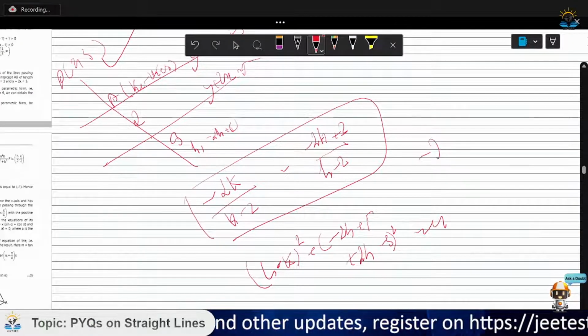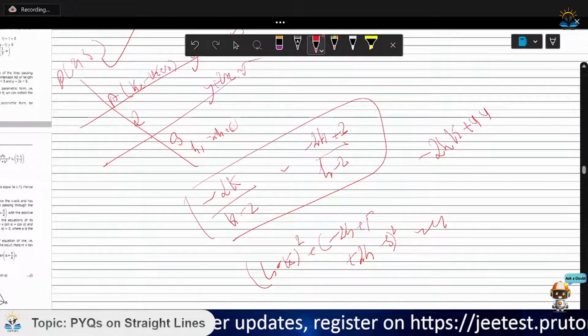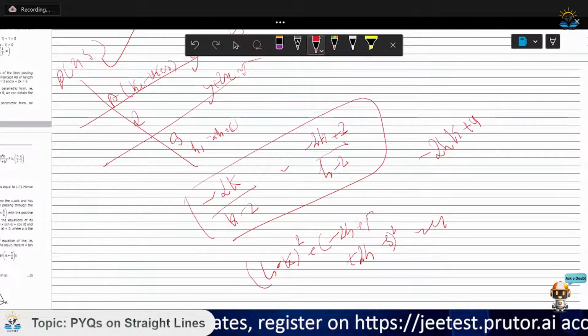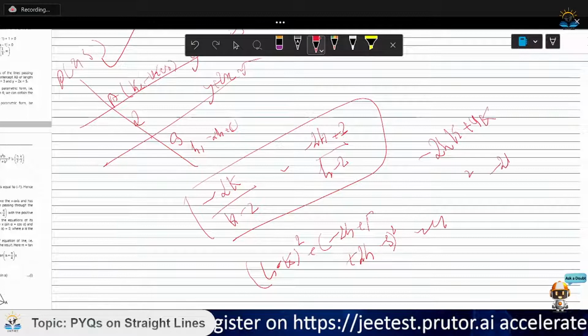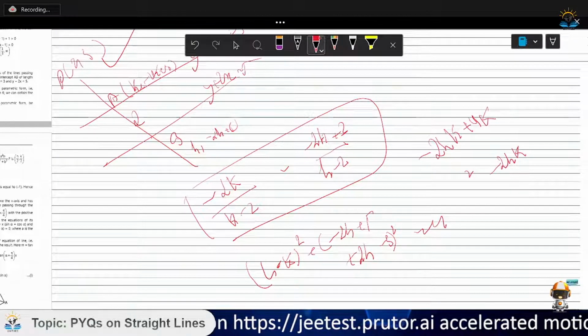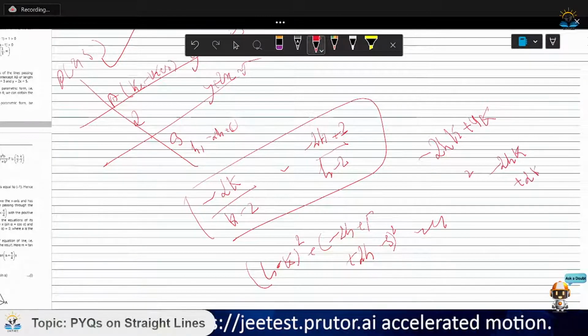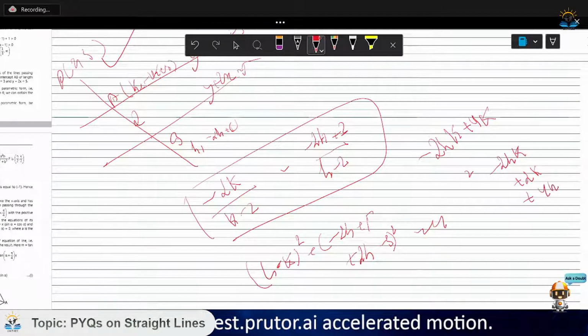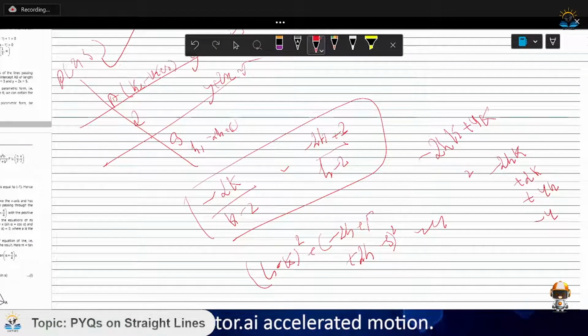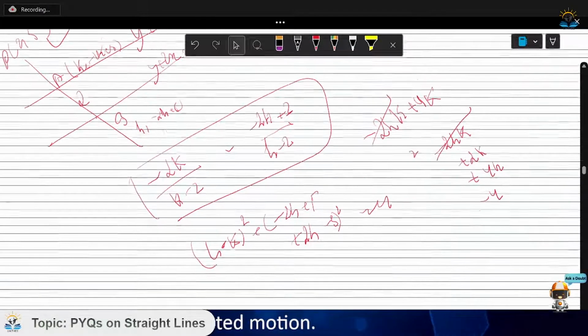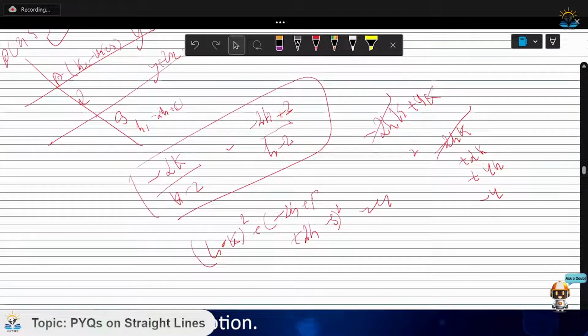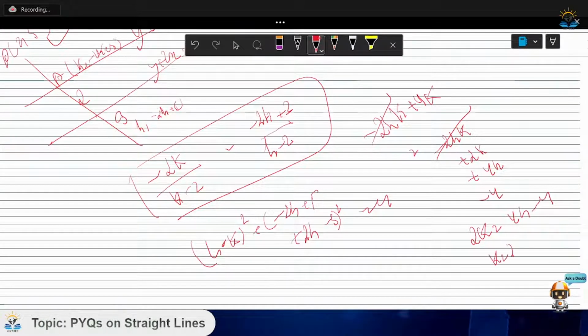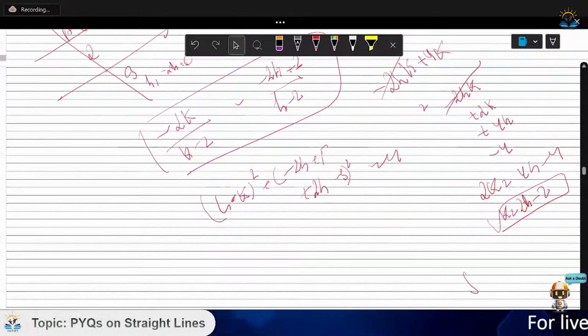I'm getting minus 2hk plus 4k is equal to minus 2hk plus 2k plus 4h minus 4. So this and this get cancelled. What am I left with? 2k is equal to 4h minus 4. This is what I'm left with. And solving it here.